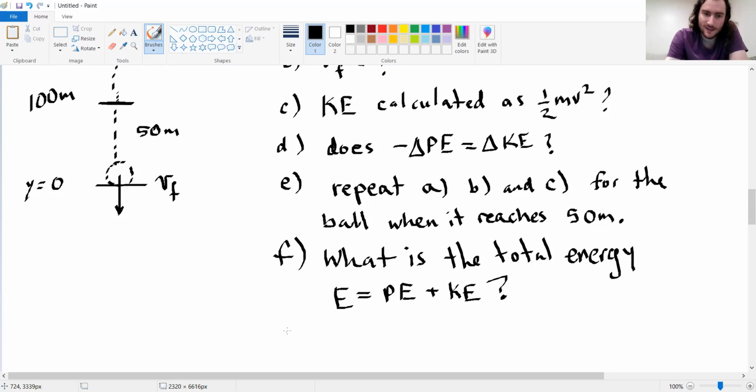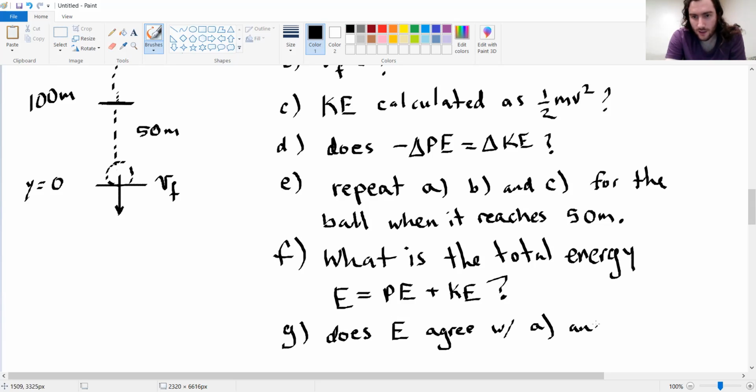And then we could add to that further, we could say G: does E agree with A and C?